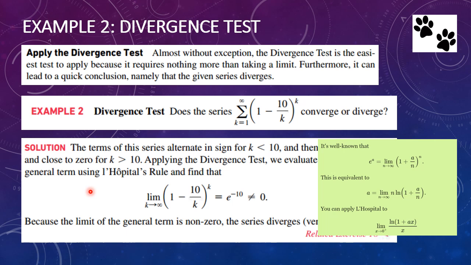And then using this set, we can then apply L'Hopital's rule to the limit of the natural log of 1 plus ax over x. Okay? So you can do some more background on that, but I'm not going to explain that in much more detail. But I just wanted to show you how we went from this. It's just a general form of e to the power of a.